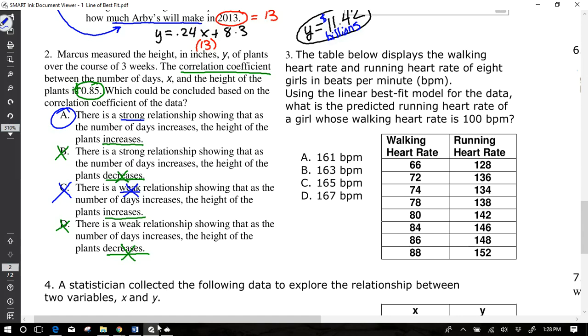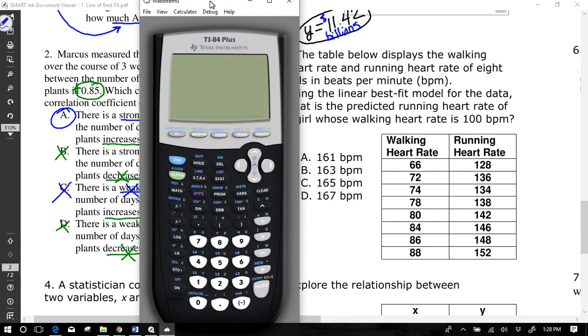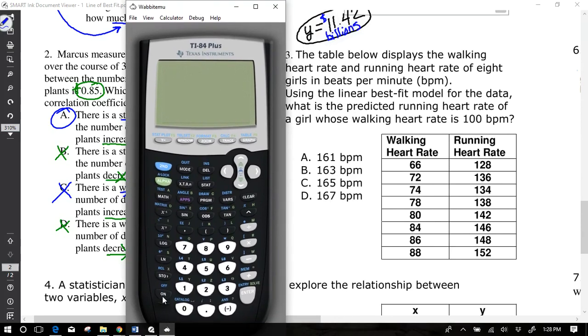So you will need your calculator, and I'm going to move it over to the left. Okay, we want to re-clear our memory. Second plus 7, 1, 2. And then I would like for you to go to Stat, Edit, and type in your walking heart rate.